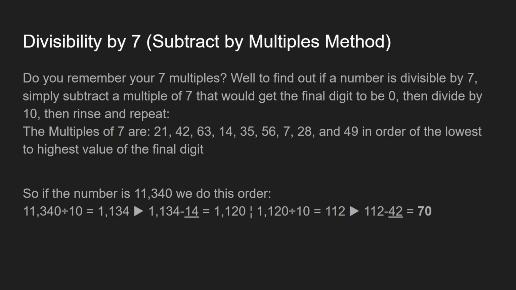By subtracting the multiples and dividing by 10, this allows us to get our number reduced down to a point where we can recognize it as being divisible. So this can be tedious, this can take quite a long time, and of course it can be quite difficult, especially if you have to do it off the top of your head and try and remember what numbers correspond with which final digit, but I think it's far easier than any of the other methods that have been proclaimed out there.